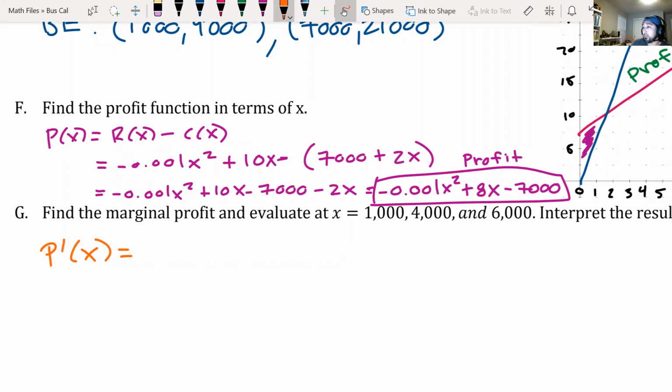And what is the derivative of negative 0.001x squared? It's the one that we did up there, isn't it? Negative 0.002x, right? And then what's the derivative of 8x? 8. And then what's the derivative of 7,000? 0. There's your marginal profit. And now plug in 1,000, 4,000, and 6,000.